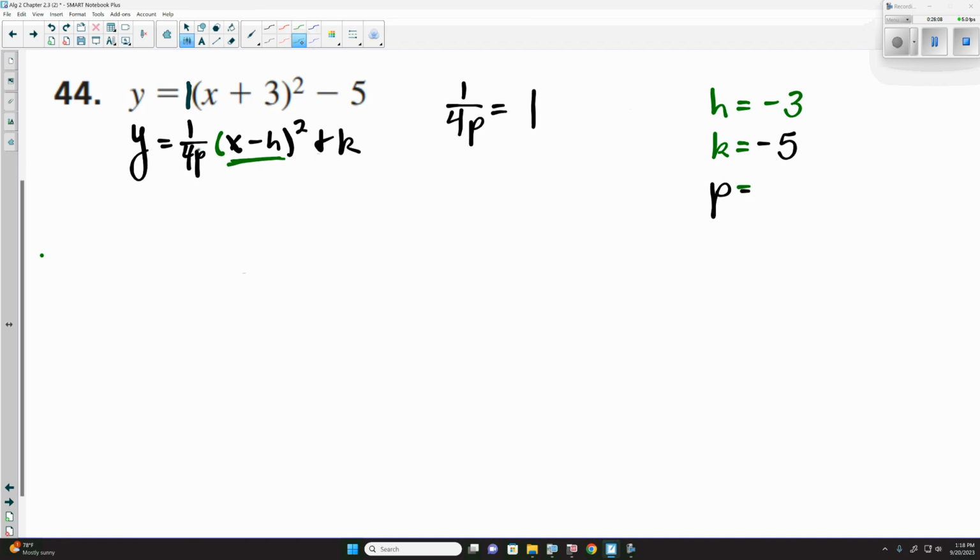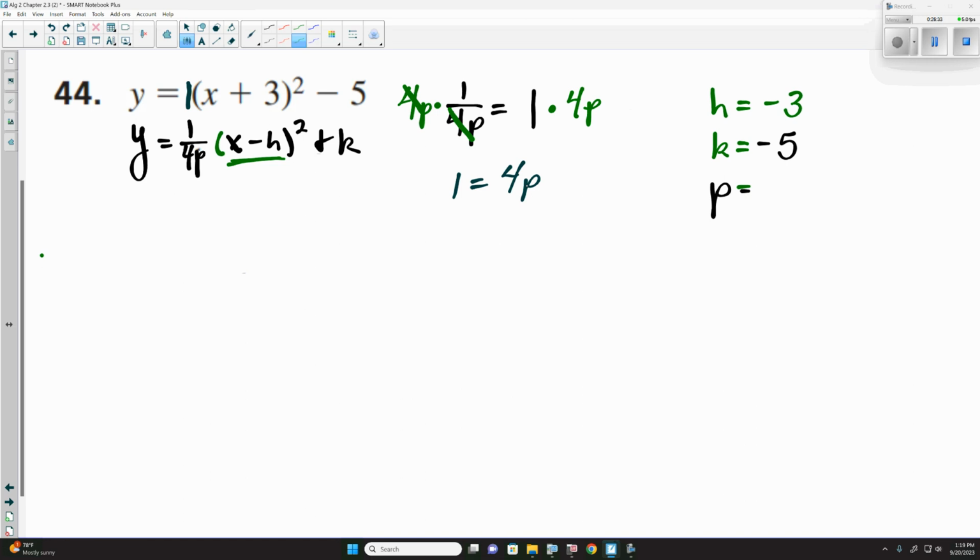Now the first thing we need to do is multiply both sides by 4p. And again, just like all the ones before, at least all the ones today, that side simplifies to 1. Now 1 times 4p is 4p.